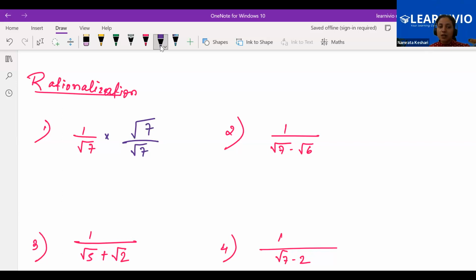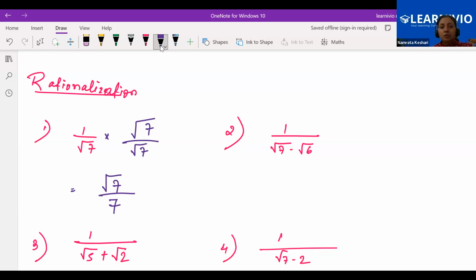So it will become root 7 by 7, and hence we are done with the rationalization. In the denominator, root 7 into root 7 became only 7. In the numerator, 1 into root 7 is just root 7. Our purpose was to remove the root sign from the denominator. Due to that, we have created one square root term in the numerator. That is completely fine.